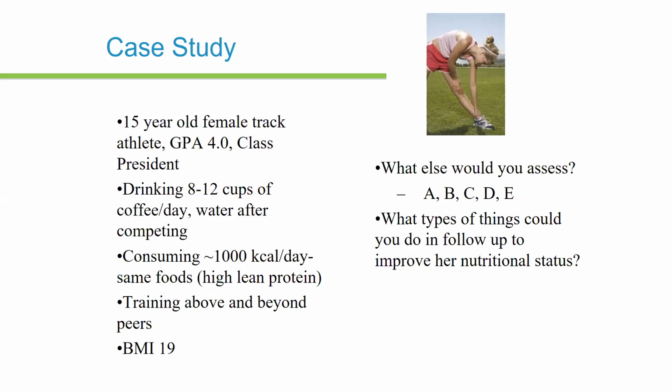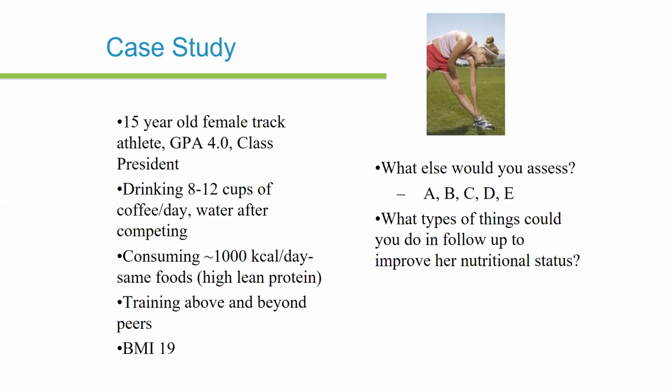If there are any foods she avoids, certainly a deeper dive into how she stays hydrated and why she's drinking so much coffee. If she's really tired, that could also be a sign of iron deficiency. So, you really have a lot of things that you'd have to be talking about.